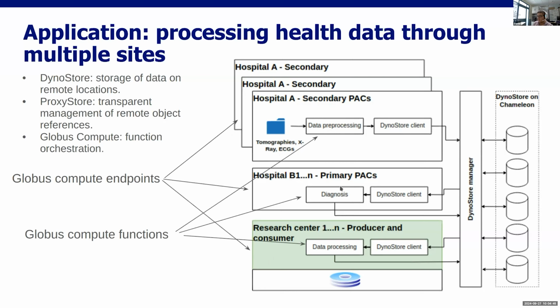And these boxes are basically Globus Compute functions to process, in this case, medical data. We are processing electrocardiogram data. The data is processed through different applications for pre-processing and for some processing using machine learning algorithms. And the results are stored using DynoStore and shared across the different organizations using DynoStore.